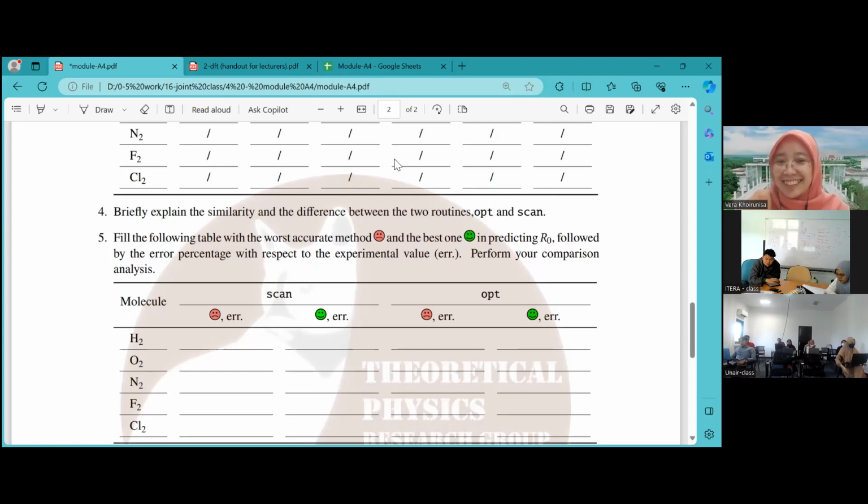Maybe the worst accurate method is the highest error percentage. Yes, correct. So the worst will be the highest error percentage. So the best one will be the lowest error percentage.